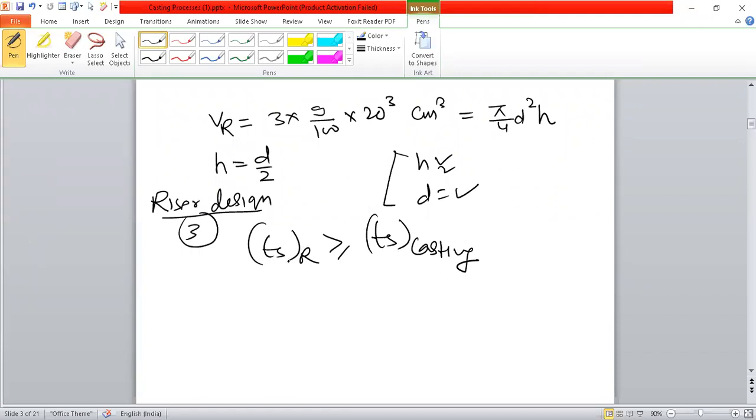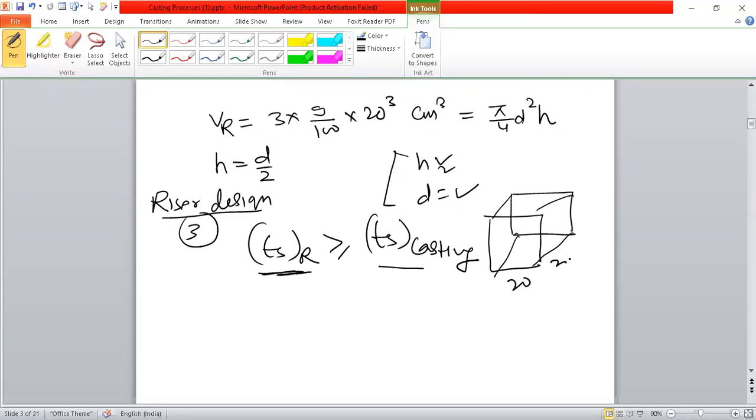So solidification time of riser must be greater than or equal to the solidification time of the casting. You know casting volume. Casting is your cube of 20 centimeter, so this is your 20, 20, 20. This is your casting.